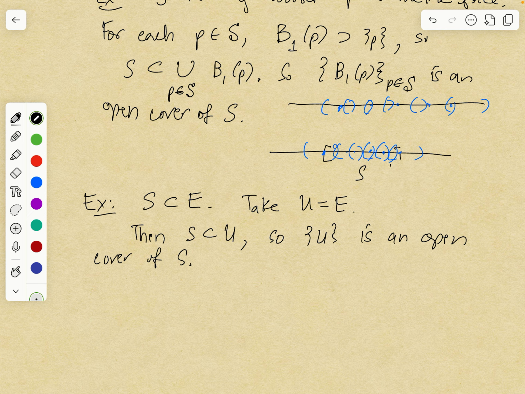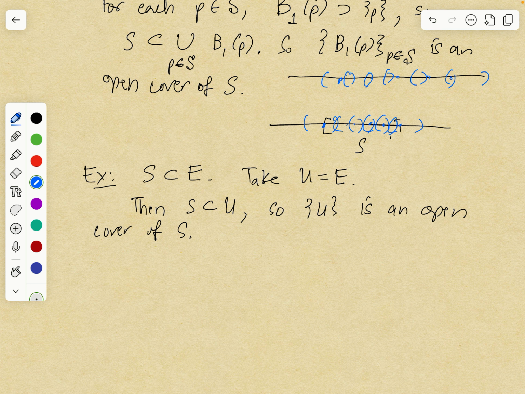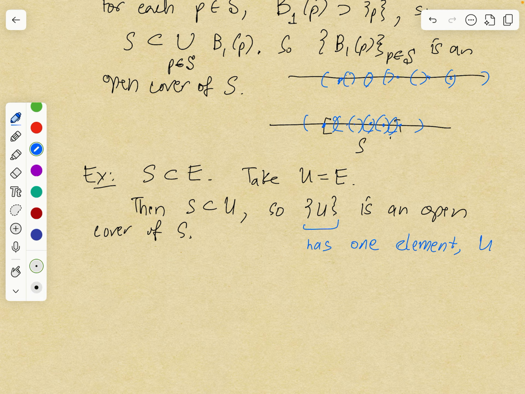Now, notice that an open cover is a set, but the elements of the set are themselves open sets. So in this second example, this open cover is a set consisting of the set U. How many elements does this open cover have? One element, U. So this is an open cover of S, and it is a finite cover.